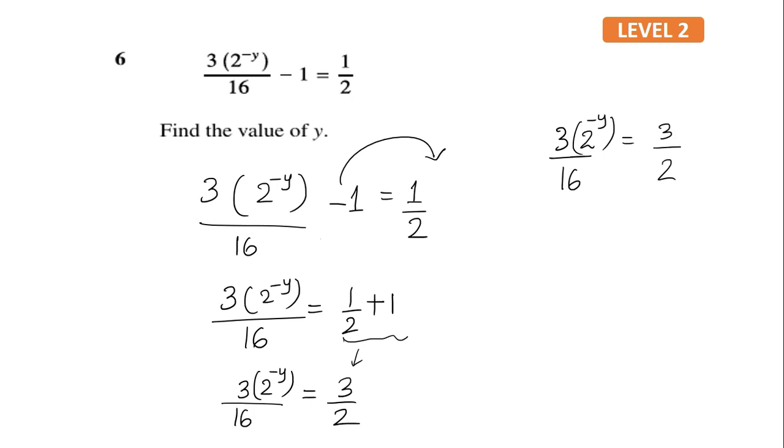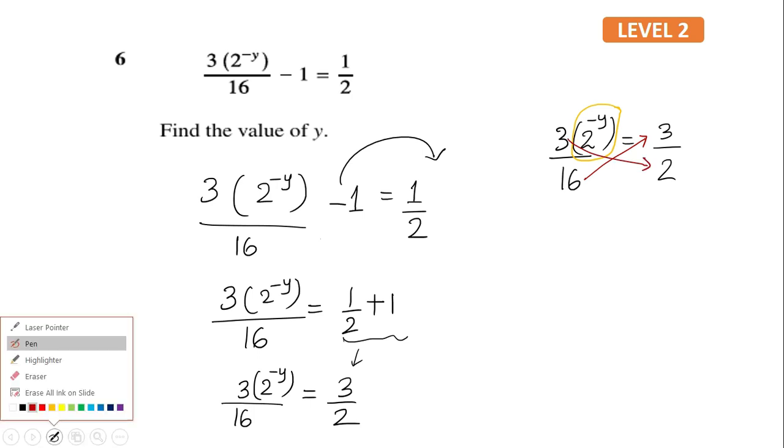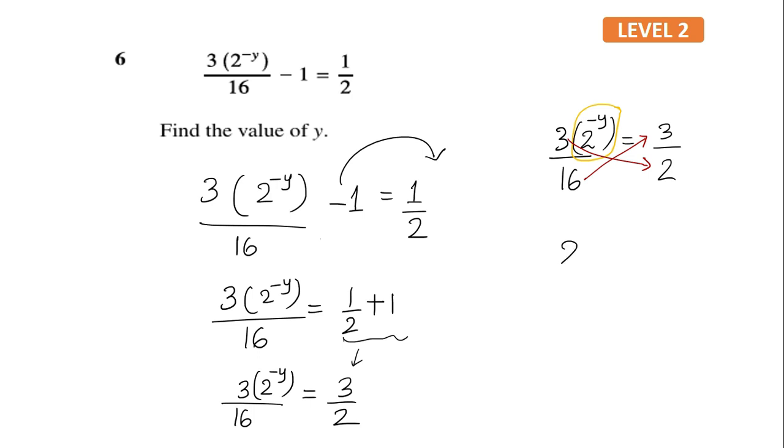As I mentioned earlier, the aim should be to make this 2 to the power minus y as your subject. So I'm just taking this term and this term to the other side, which is cross multiplication, and I have 2 to the power minus y is equal to 3 times 16 over 2 times 3.